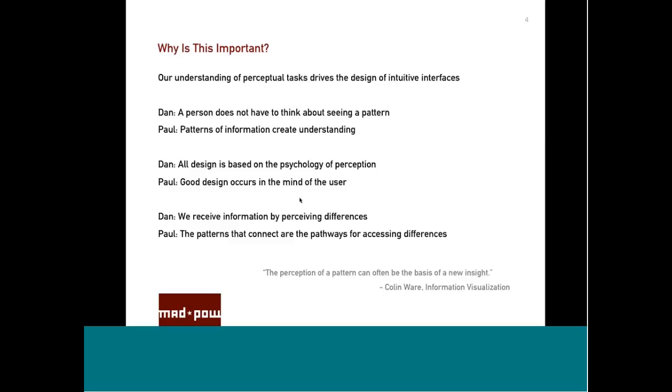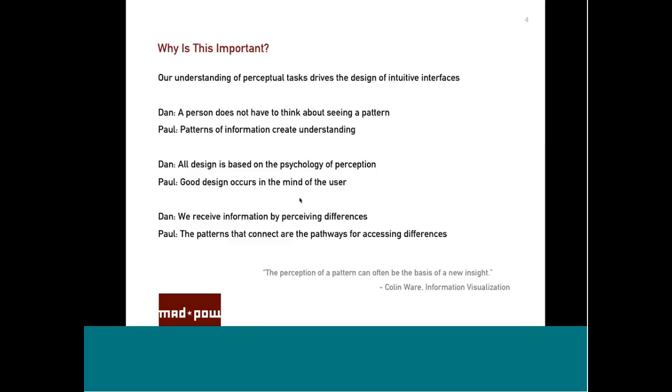And the way that this happens, and what we're going to be talking about today, the way we receive this information is really by perceiving differences on the screen, differences in data, differences in displays. And we're going to be talking about these differences and what we're good at and what we're not so good at. The patterns that connect our perception to the information, these are the pathways of accessing these differences.